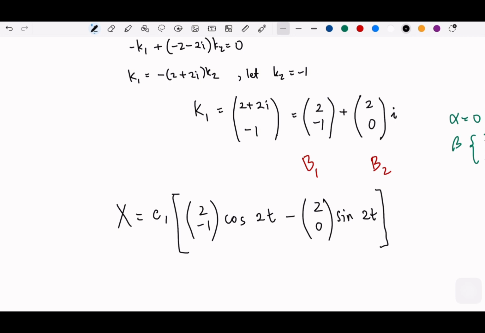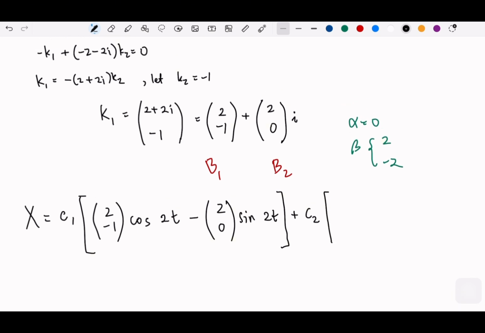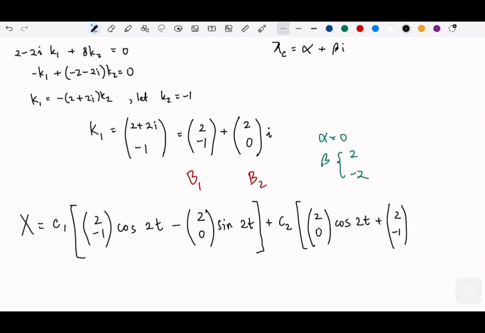This is the first part, and then plus constant 2. We write now the beta, or the B2, sorry, the B2, 2, 0. This will be cosine 2t. So as long as you write the first part correctly, the second one should be the reverse part. Okay, so you are going to reverse the B1 and B2. This will be sine 2t.